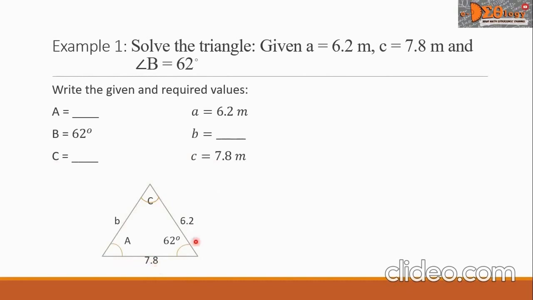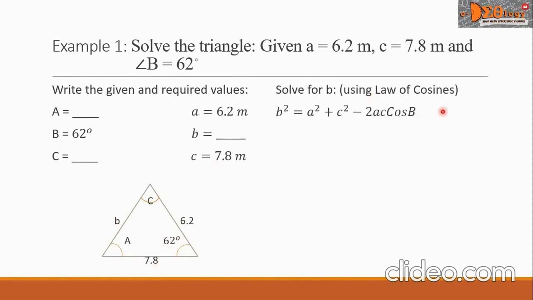We can see here two sides are given and the included angle. So we will solve for side B using the law of cosines. The formula: B square equals A square plus C square minus 2AC cosine B.